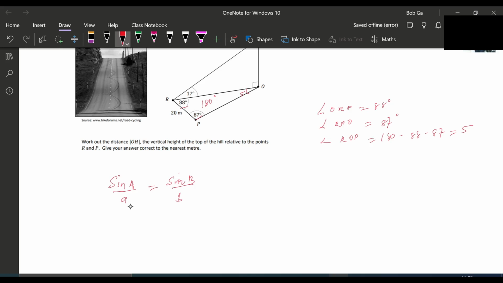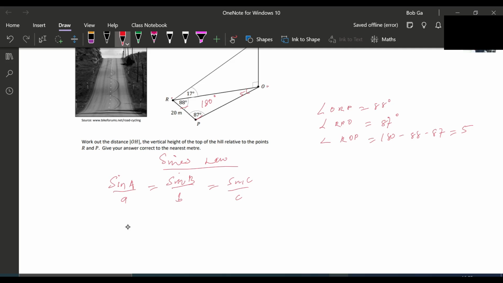So side A will be the side opposite to angle A, and side B will be the side opposite to angle B, and so forth. Sine C over side C. In this we will follow the sines law. That's what the sines law says.